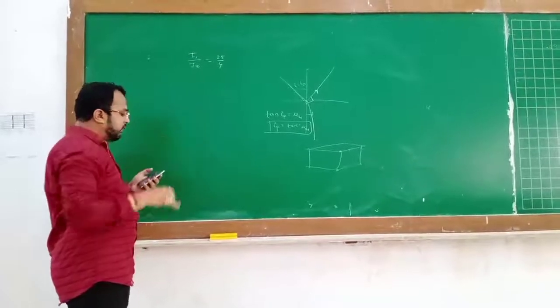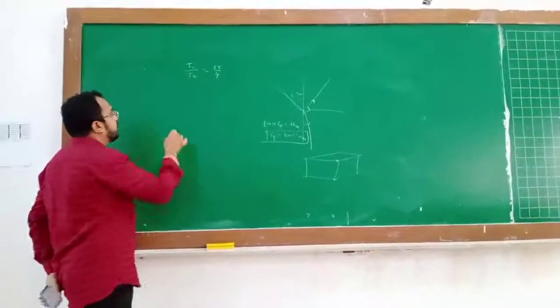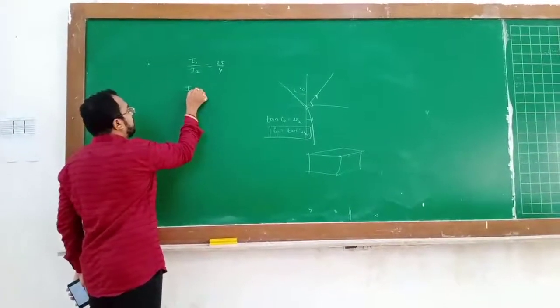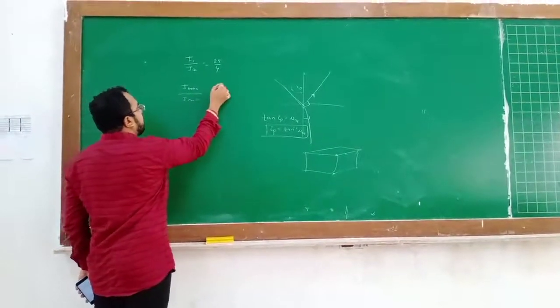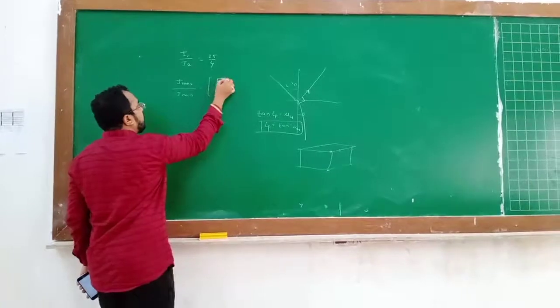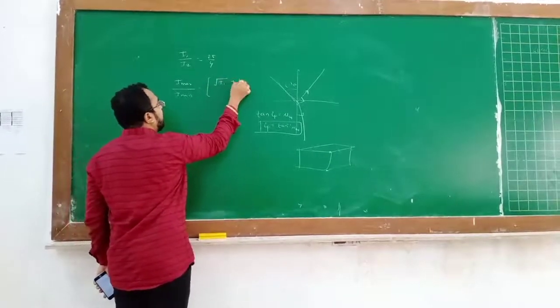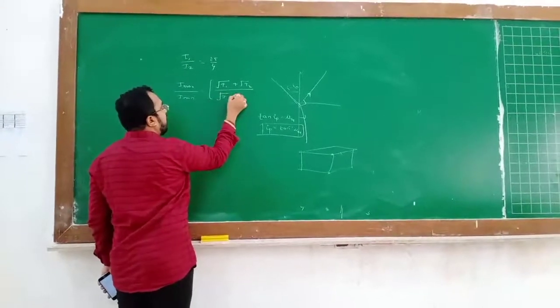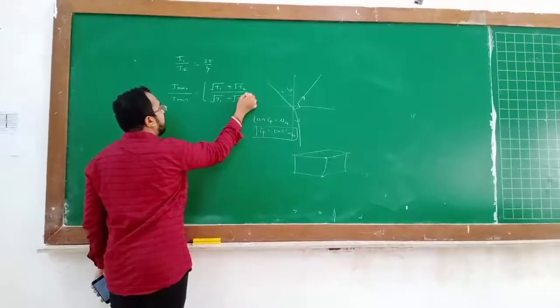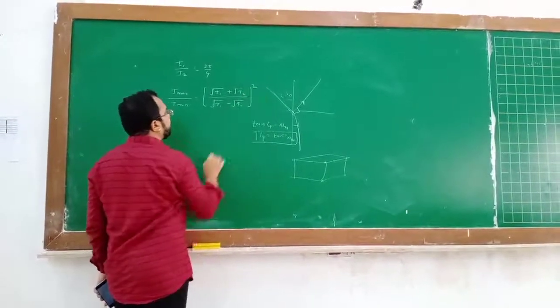The ratio of maximum to minimum intensity is asked. So we know I max upon I min is equal to (root I1 plus root I2) upon (root I1 minus root I2), the whole square.